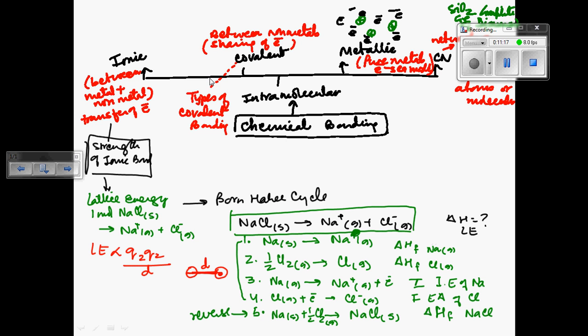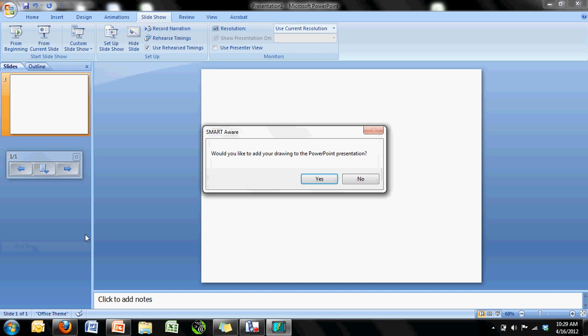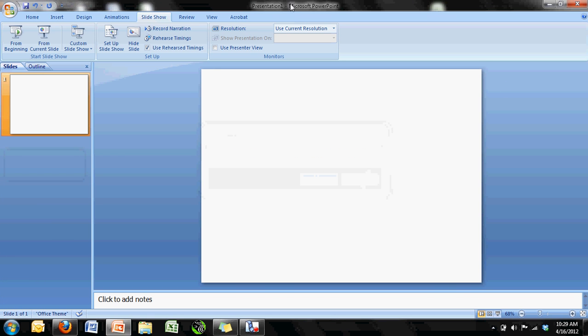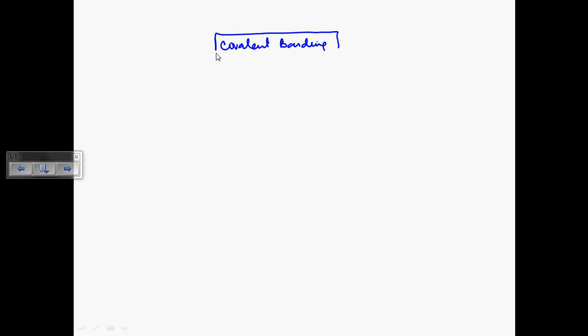Moving on, I'm going to go back now and focus a little bit more on covalent bonding. So I'm going to scroll down the screen, and I'm going to continue from the current slide. Covalent bonding refers to sharing of electrons.